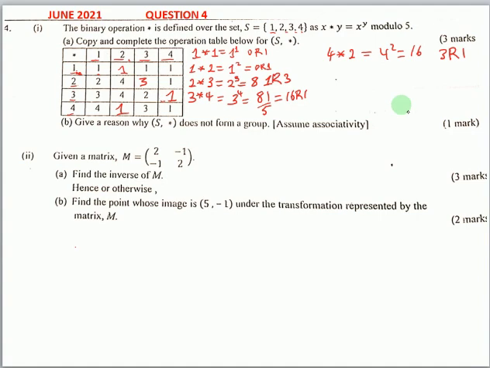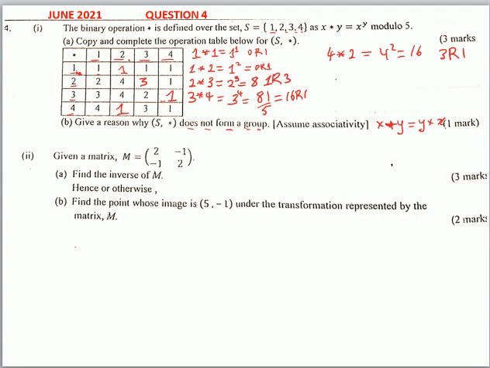And this associativity simply means that if I take x star y, it should be the same as taking y star x. So they're saying that assuming that this condition is true, which other condition can we find from the table to show that this does not form a group?